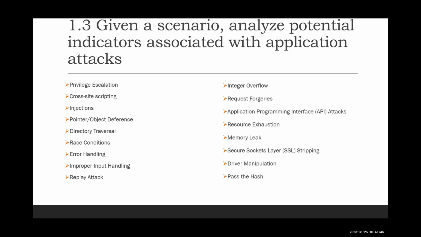And lastly, we have pass the hash. Pass the hash is a type of attack that involves stealing a user's hashed password. A hash is like a code word, kind of like how we used the 256 digit example. A hash represents a different word or phrase.